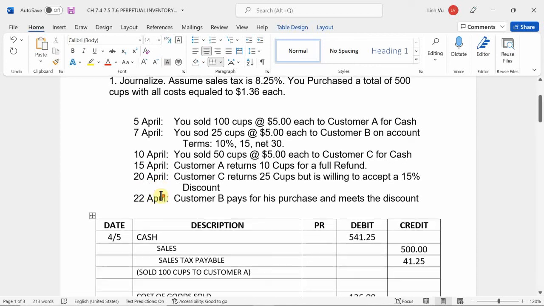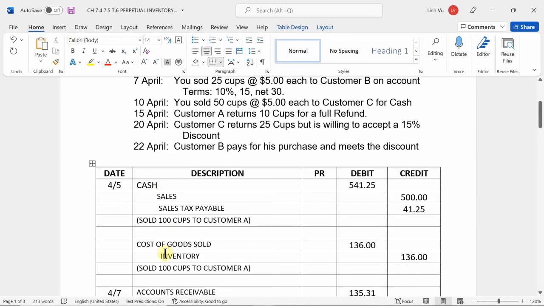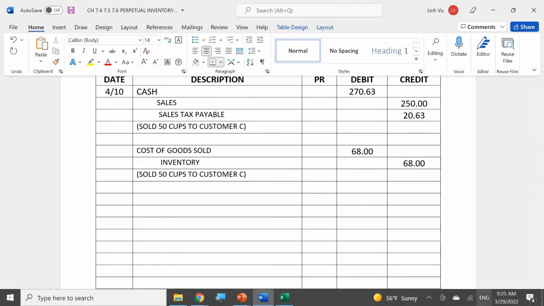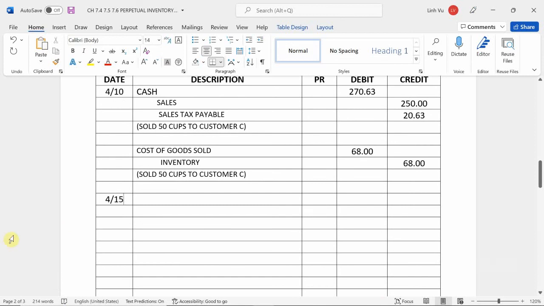Okay, so first off, how did customer A pay? Cash. Cash, so we have to give them back cash. Second of all, how much did I sell each cup for? $5 each. So in this case, that's exactly what I need to know. Okay. So it is April 15. In this case, customer A is returning.